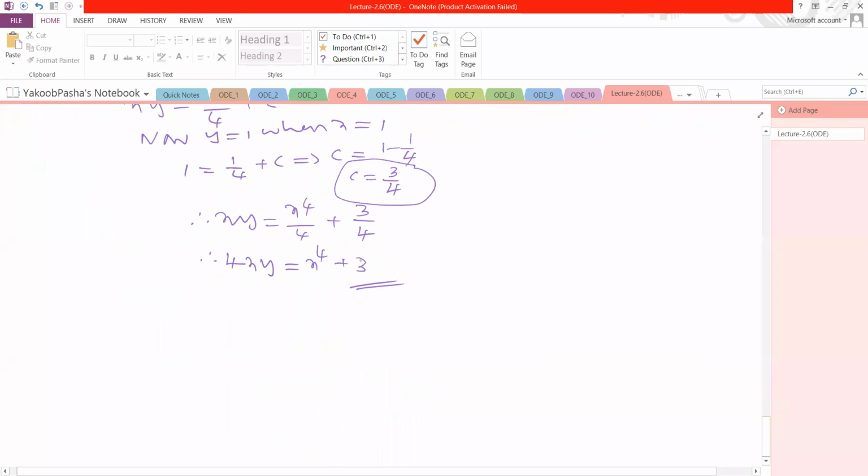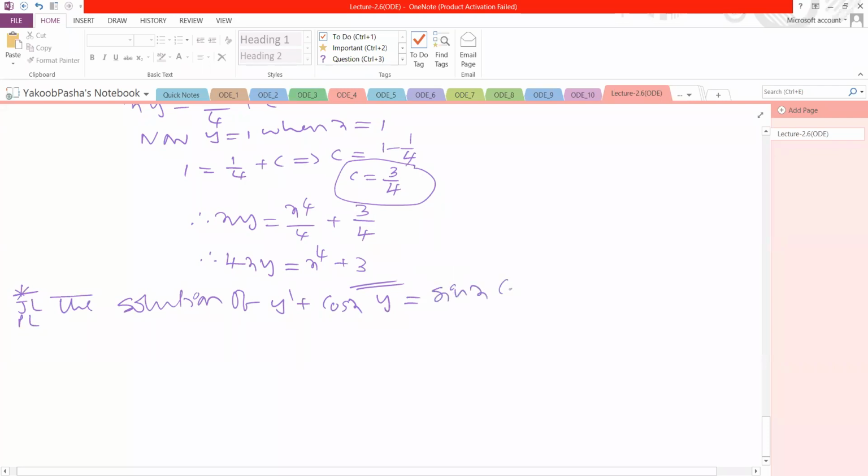Now I am taking another problem, which is also a question. The solution of y dash plus cos x into y is equal to sin x into cos x.